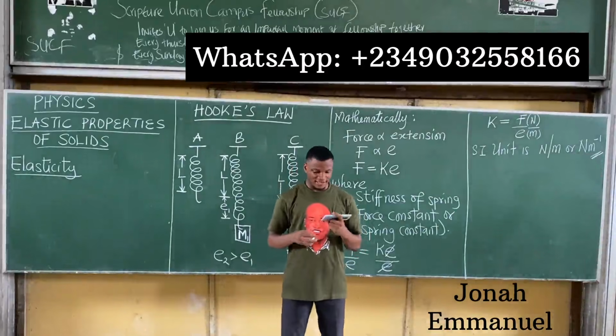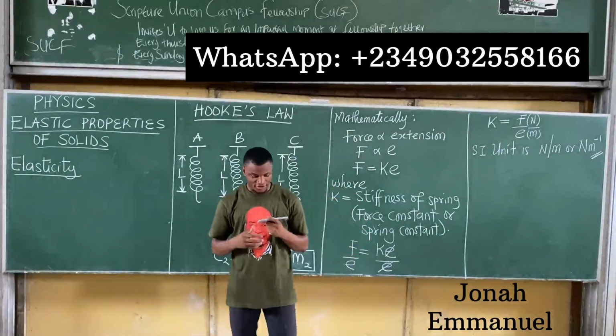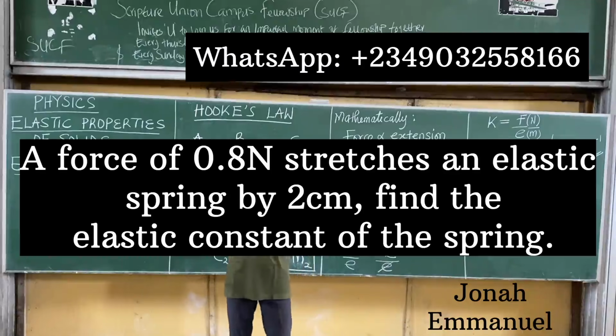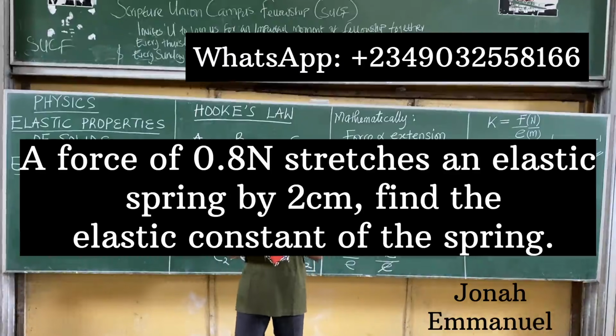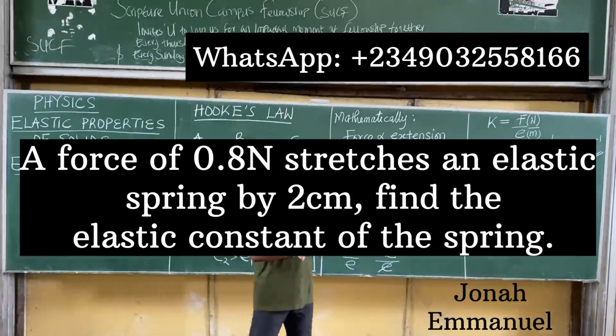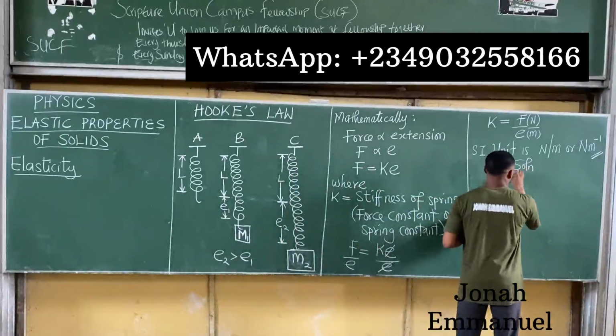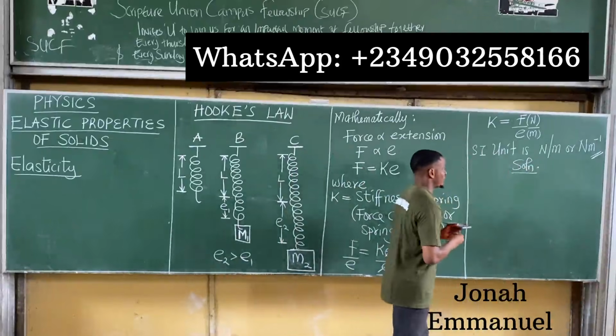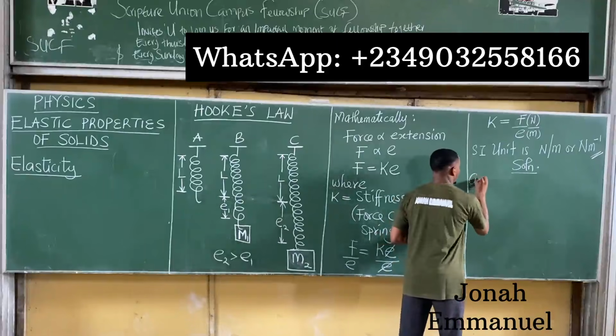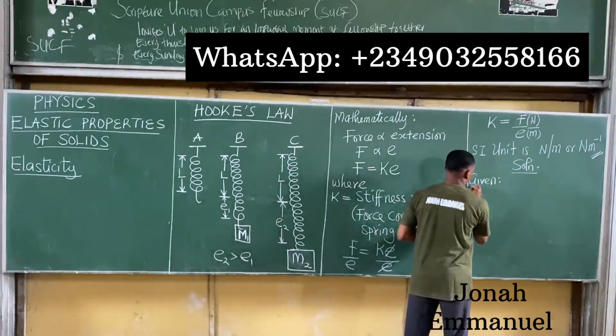All right, so let's take a first example. This one says a force of 0.8 Newton stretches an elastic spring by 2 centimeters. Find the elastic constant of the spring. All right, let's get this solved. Solution. As usual, my first task is to list out given parameters.